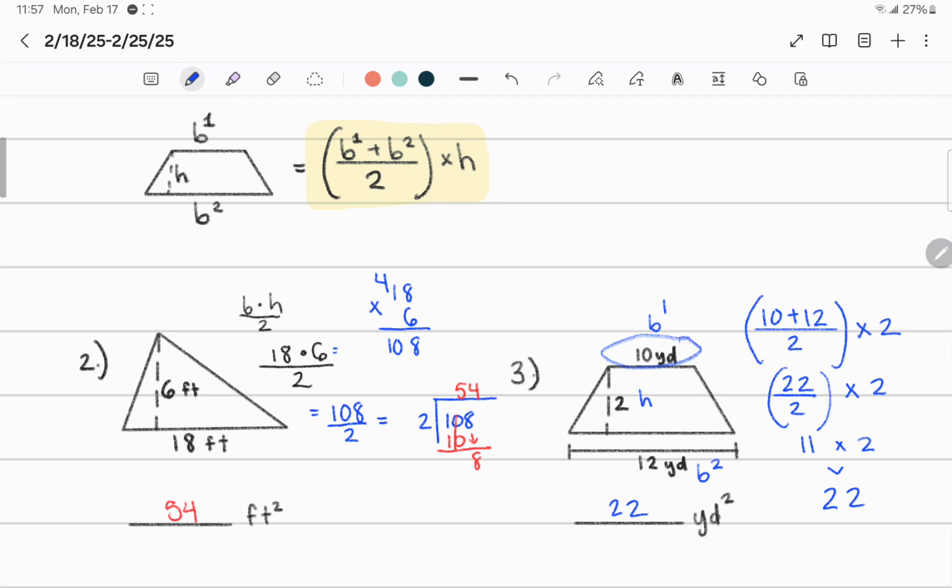We did 10 plus 12, divided it by 2 because of the formula. There's always a 2 in the formula. And then multiply that by 2 because of the height. So if the height were an 8, we would have multiplied it by 8. So 22.